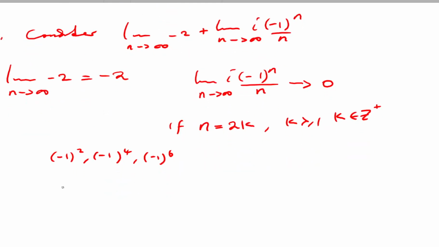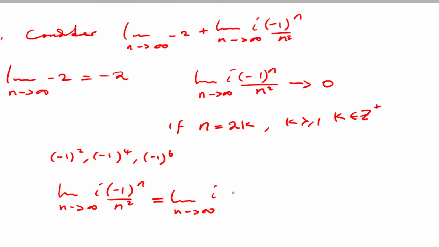Basically, what we're going to have is the limit as n approaches infinity of i(-1)^n over n squared. So there's a squared here. So if this is an even number, what we're going to have here is just positive 1.